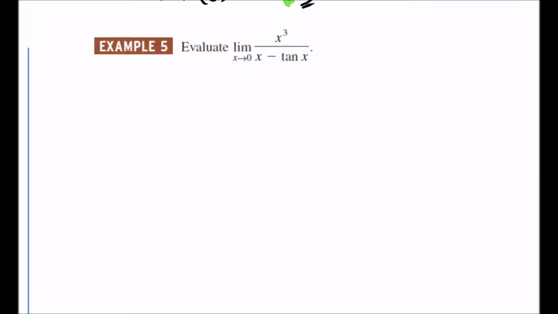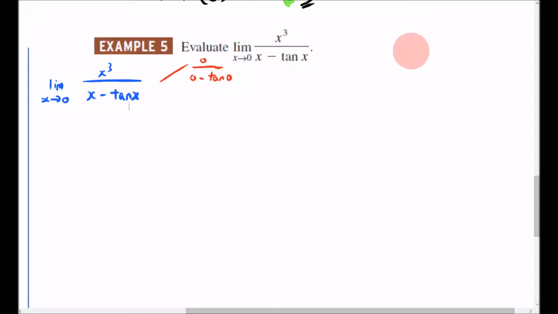Now the next, example 5. Okay, x approaches 0, x cubed over x minus tangent x. So first you put 0, 0 over 0 minus tangent 0.